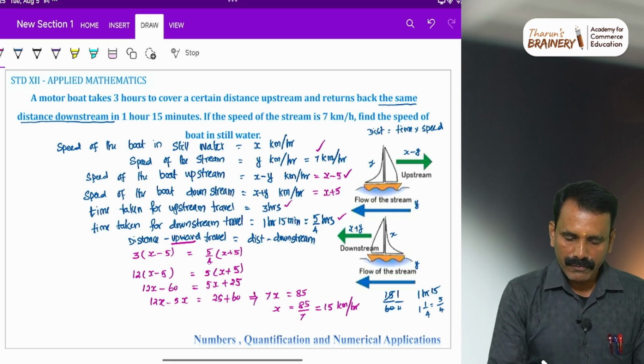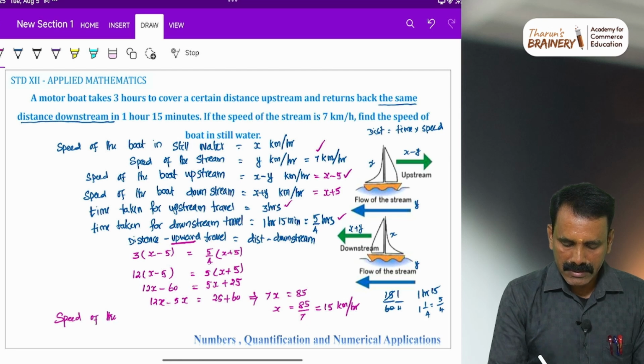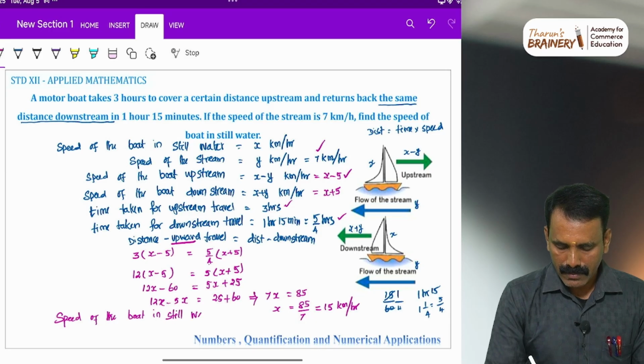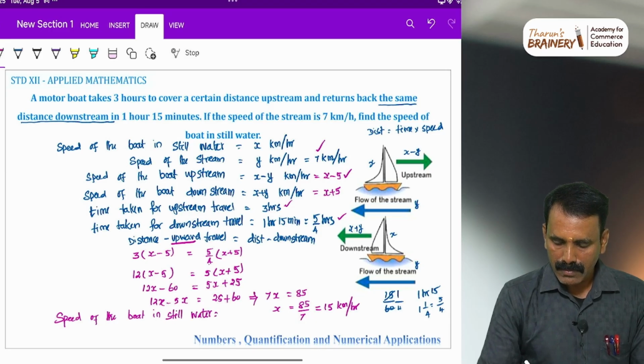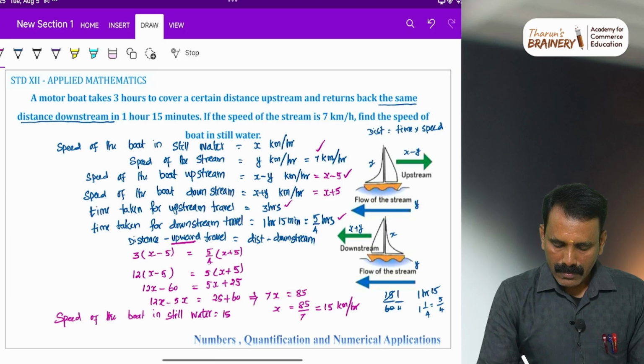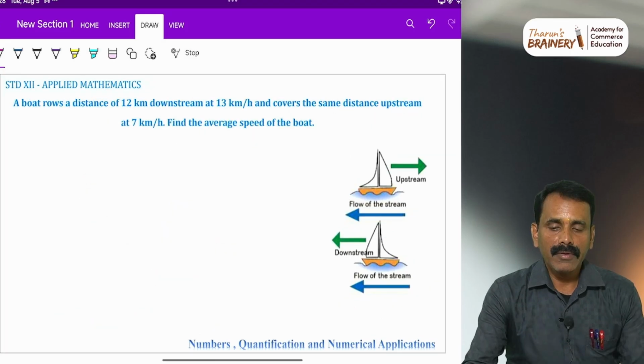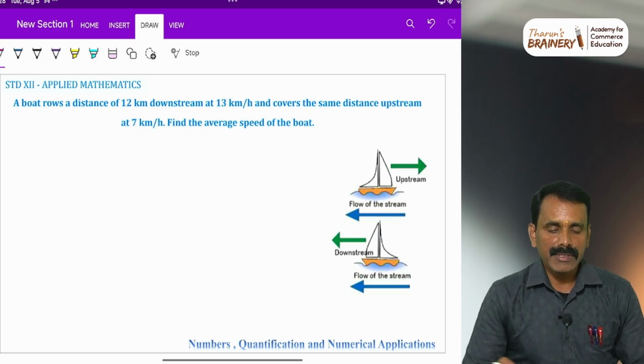So we found the value for the speed of the boat in still water. The speed of the boat in still water is 15 kilometer per hour.